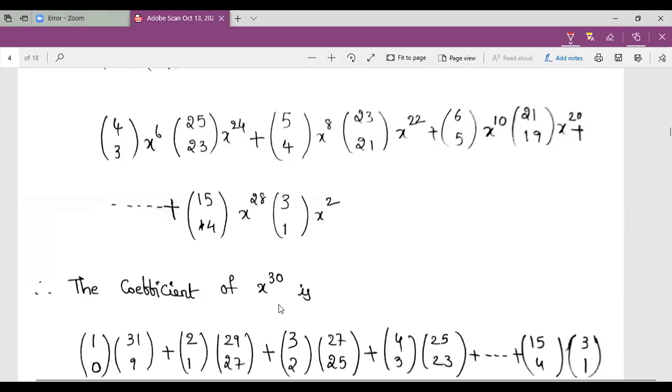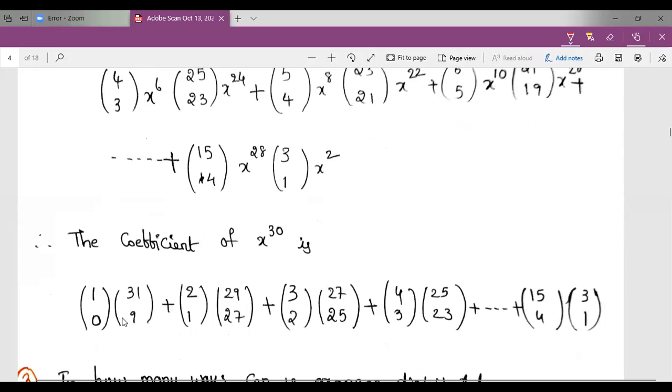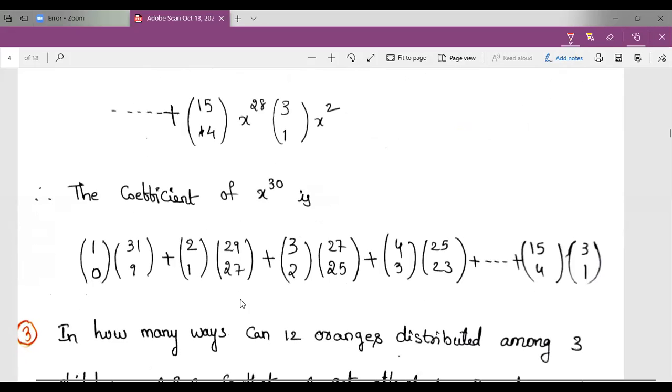So the coefficient of x power 30 is 1C0, 31C9 plus 2C1, 29C27 plus 3C2 into 27C25 plus 4C3 into 25C23 plus and so on plus 15C4 into 3C1. Okay. This is how we find the number of integer solutions for the given equation using given constraints.